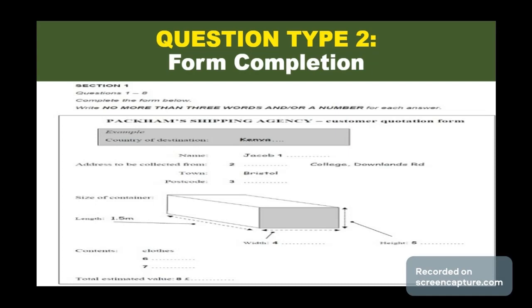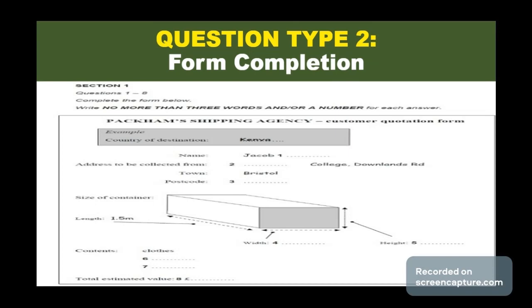Now, the next thing is for you to take note of the title, because that is going to give you some clue about what the conversation you are going to listen to is all about. Not every question will have a title, but where there is a title, it will help you to have some idea about what it is all about.